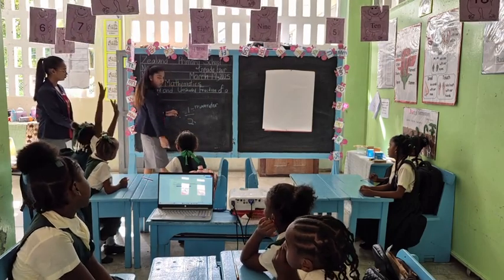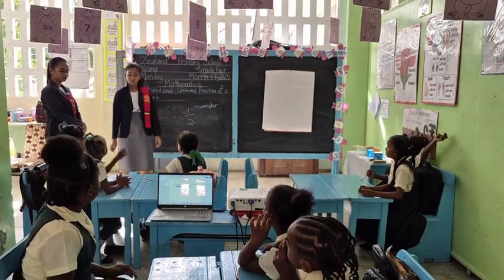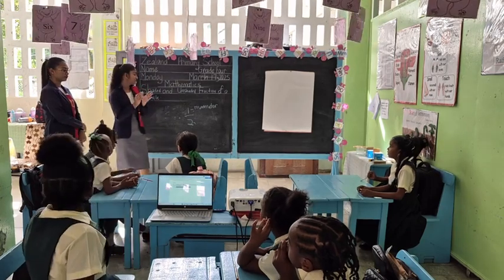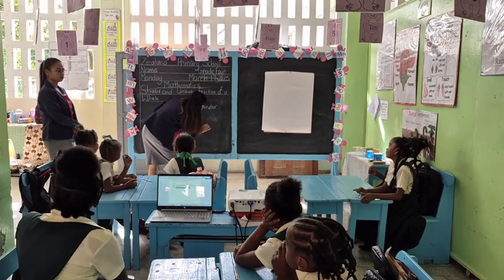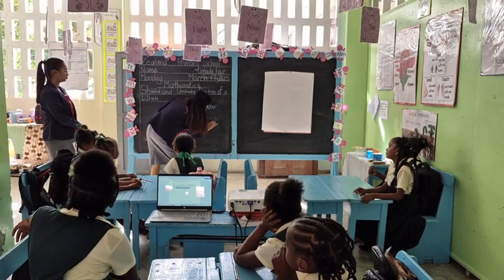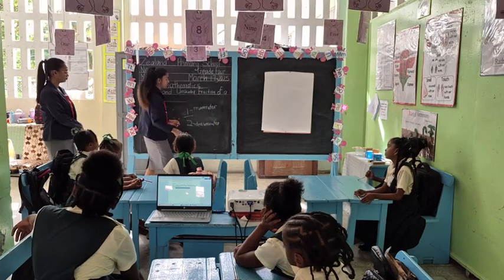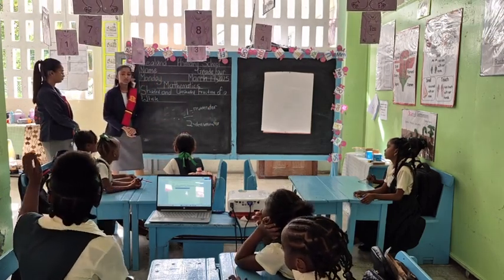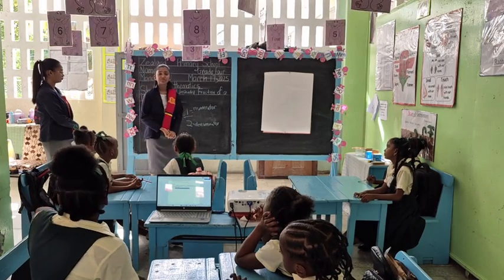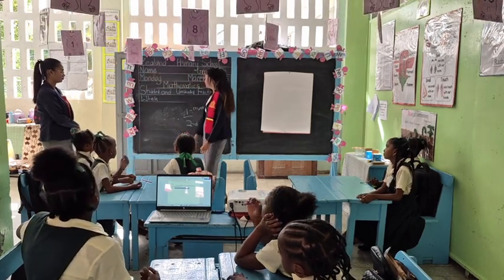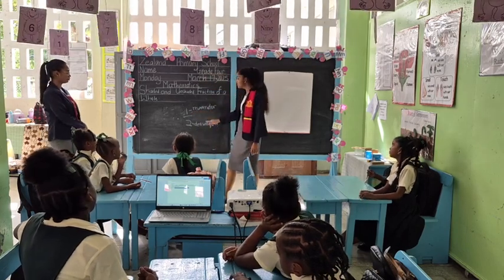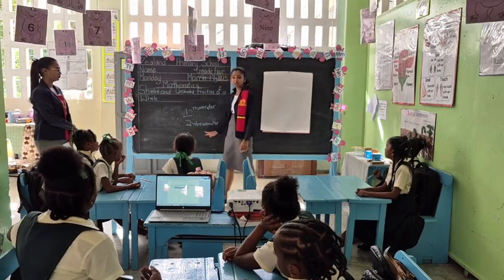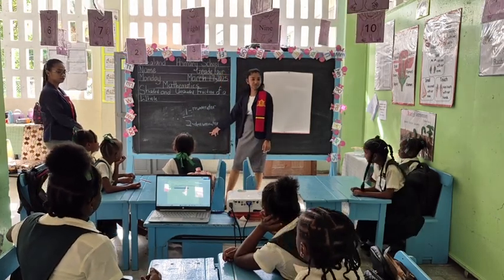And the bottom one, very good. Good. So basically, we call the top number the numerator and the bottom number the denominator, right, class?